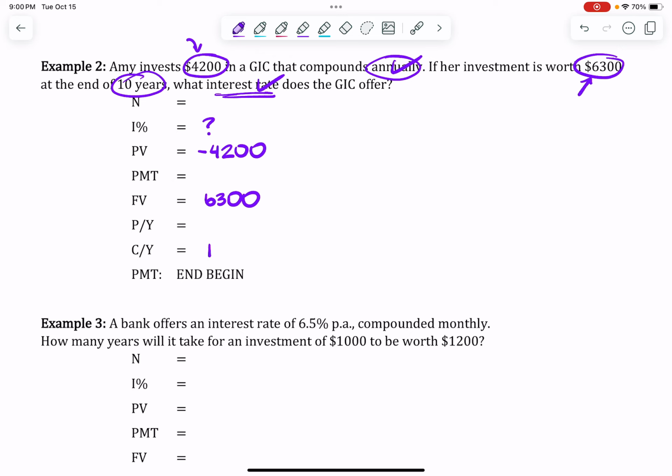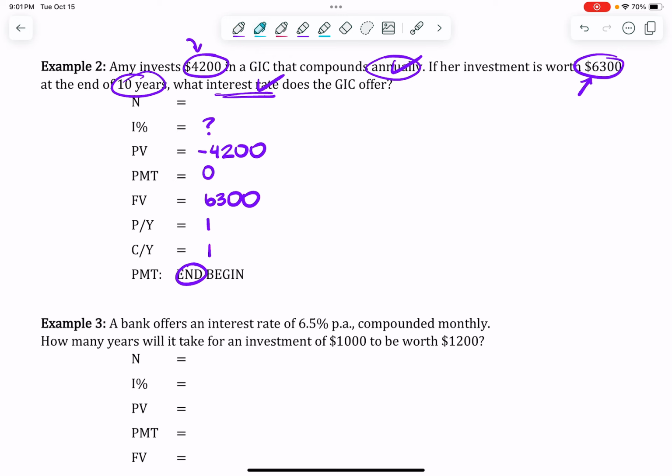Now, in this question, we don't have any repeated payments, whether that's repeated investments or repeated withdrawals. So our PMT is 0, which by default then sets our payments per year as 1. And then we can either select end or beginning. It will not make a difference because if we have a payment of $0, it doesn't matter when we make it. It still has the same impact.